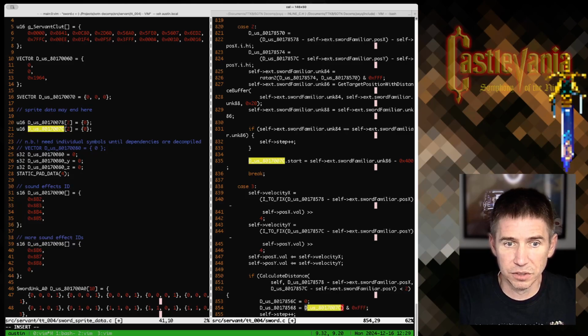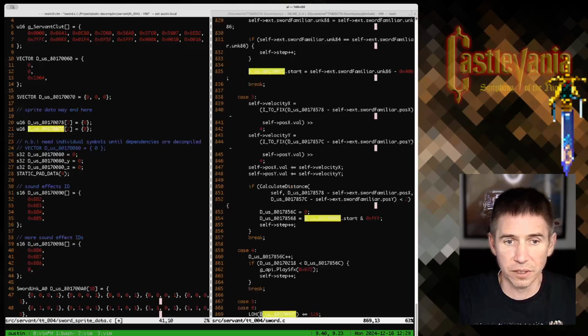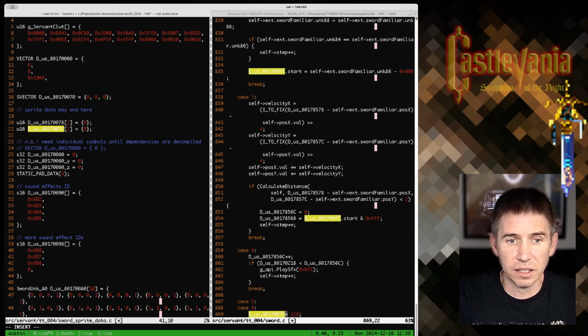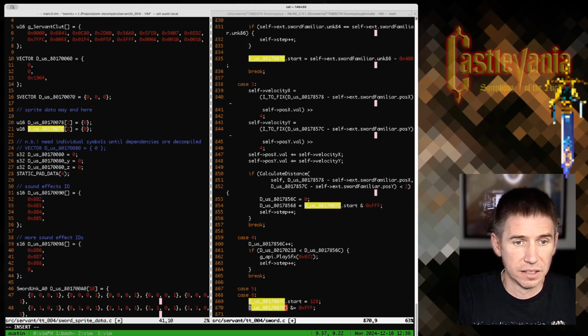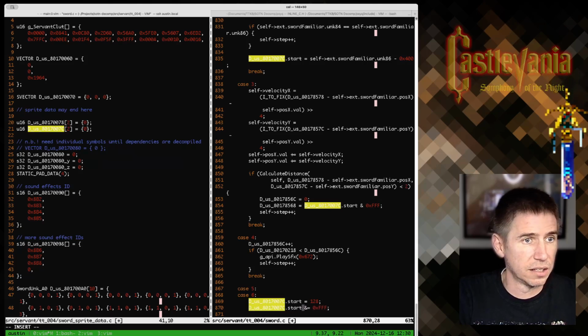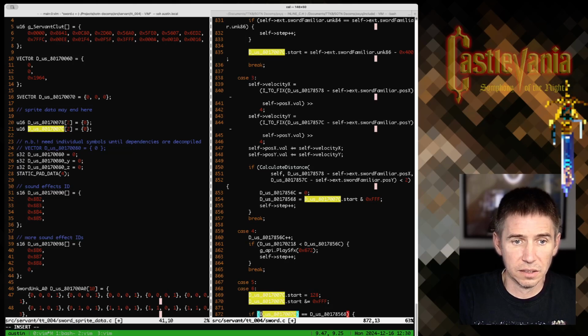I'm going to try replacing this here as well. Okay, that works. So it looks like these probably were cases where I didn't know yet what this type was.